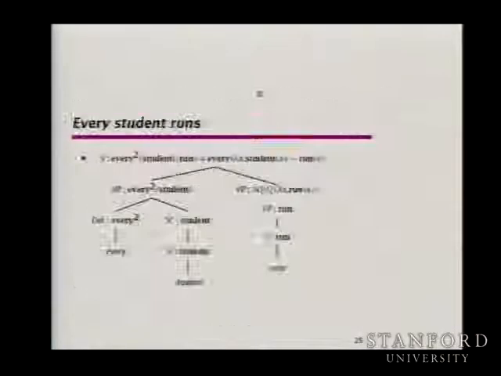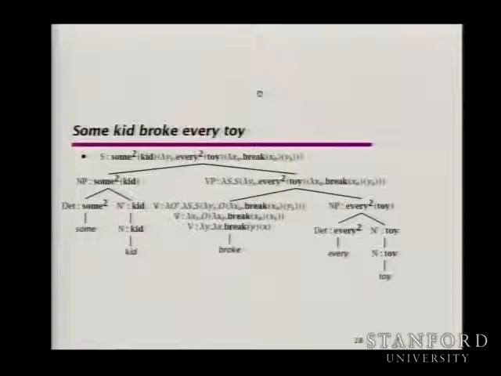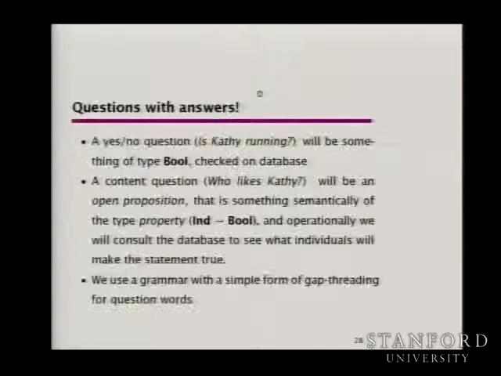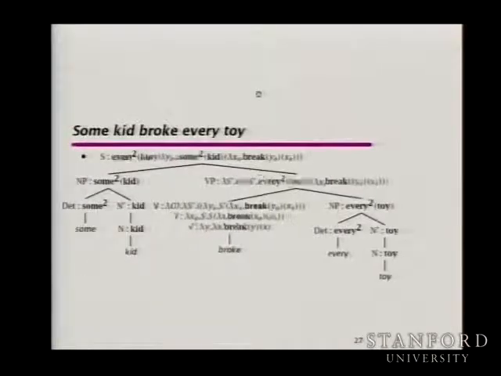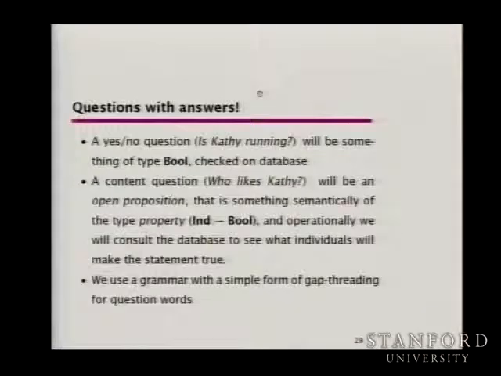But I'm not going to go through it right now. But believe me, here are the two different representations for some kid broke every toy. And if you look very carefully as I flip them back and forth, you see in one that the some quantifier is on the outside, and in the other the every quantifier is on the outside.